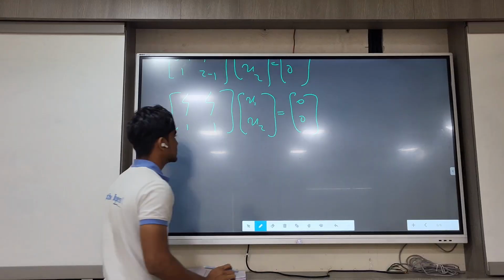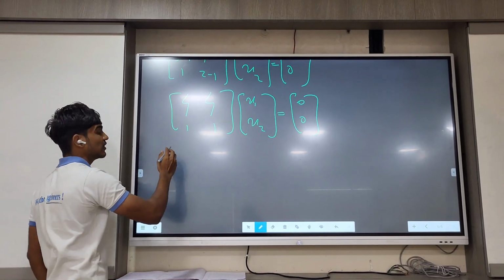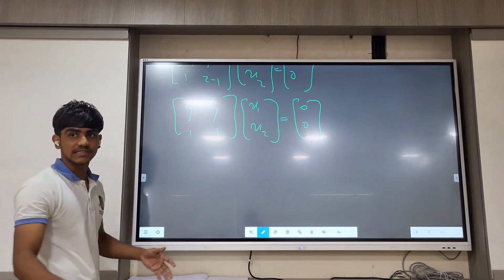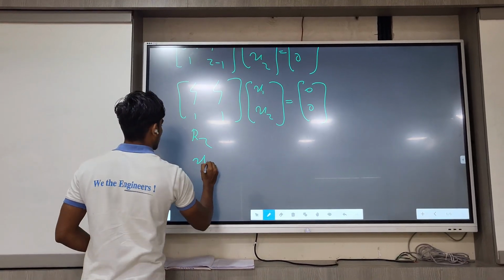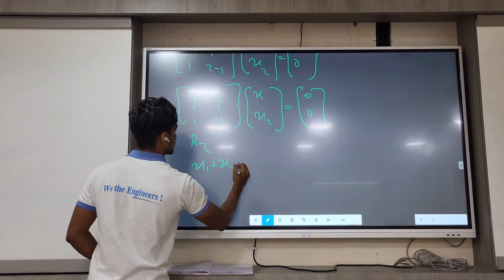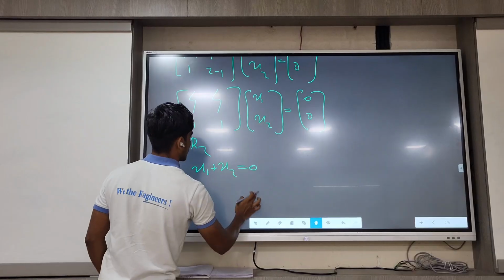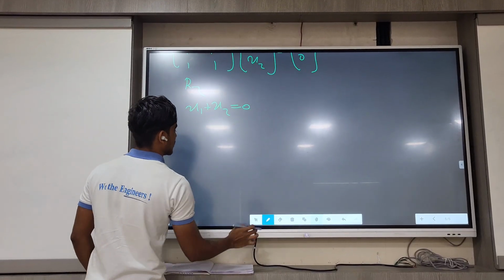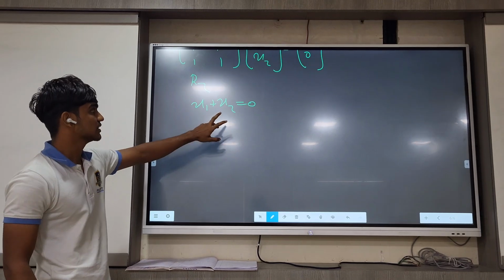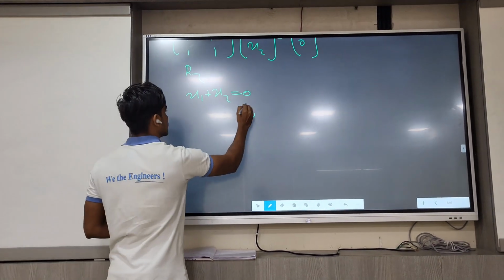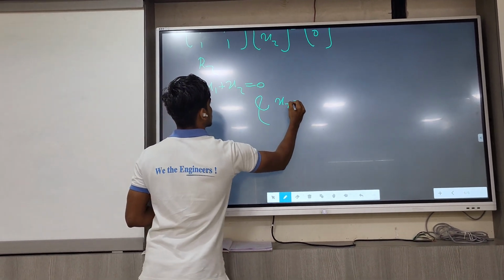And then we have to consider an equation. You can consider anything. So we consider the equation R2, that is x1 plus x2 is equal to 0. After considering, we put x2 or x1 equal to t. So I am going to put x2 is equal to t.